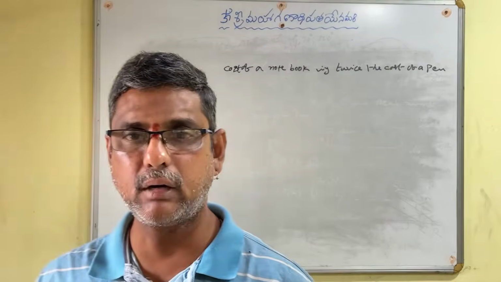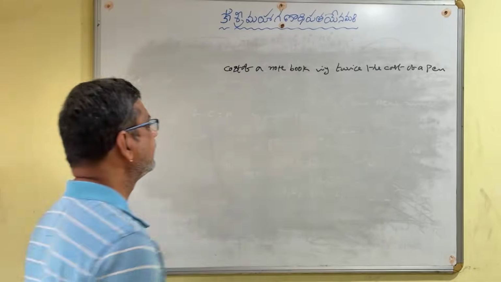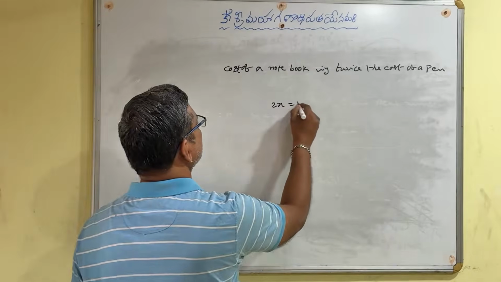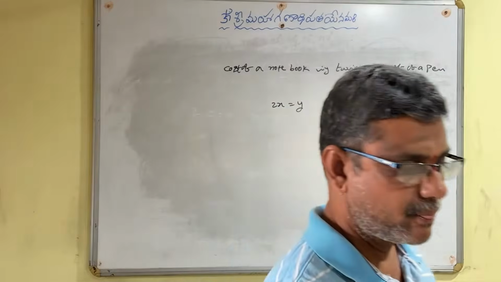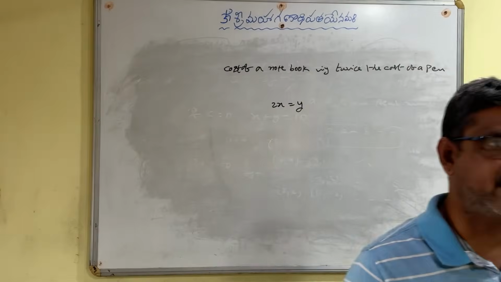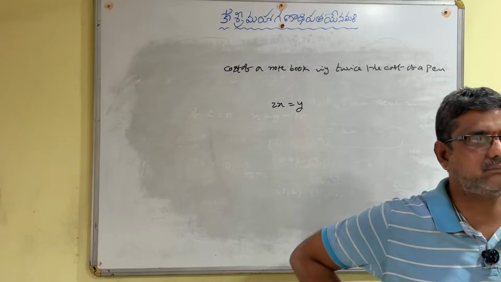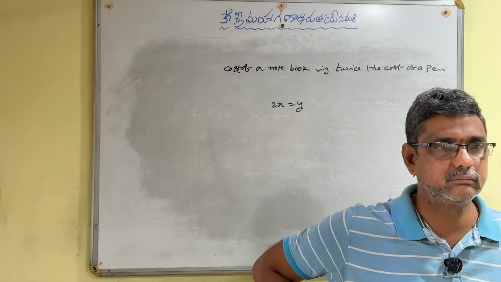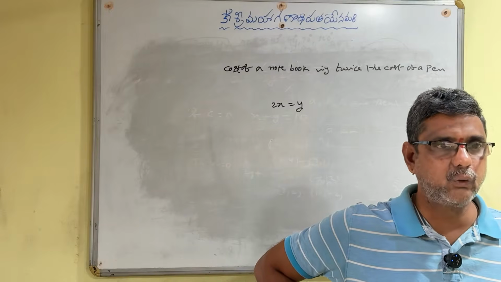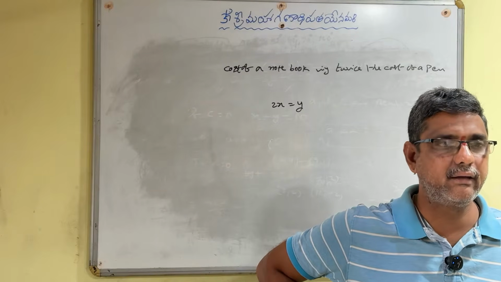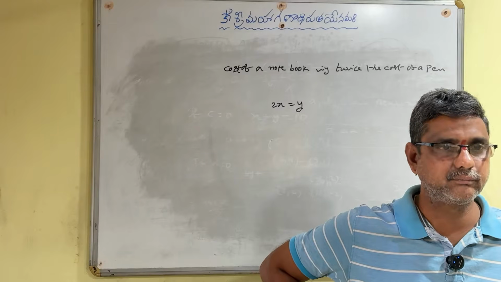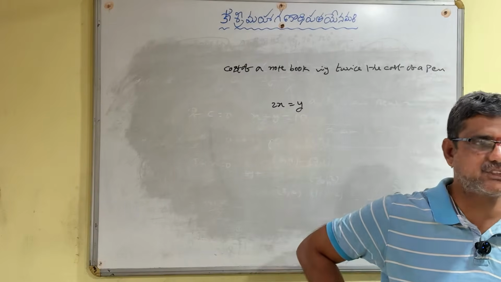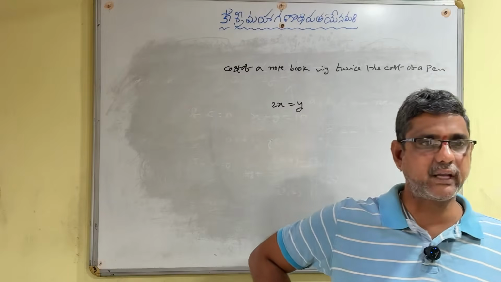Somebody says 2x is equal to y. What is x and what is y here? Anyone? I got two answers, 2x is equal to y. But what is x and what is y? Charit Jain says x is notebook, y is pen.